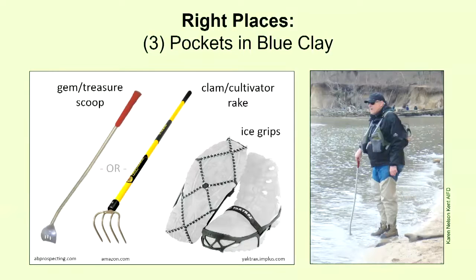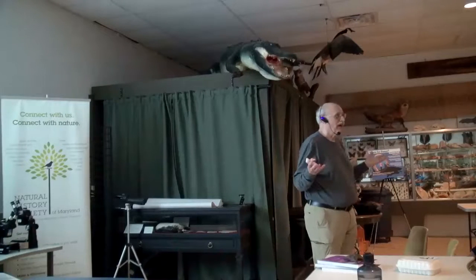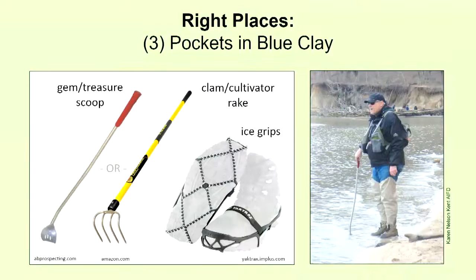Or a clam or cultivator rake. If you buy a clam rake, it's going to be less than if you buy a cultivator rake, and they're exactly the same thing. The one I've shown here is a fiberglass handle, which is lighter than a hickory handle. It's more expensive, but after you've been walking for 3 hours, pulling that thing around, weight becomes an issue, so I'd go with the fiberglass.